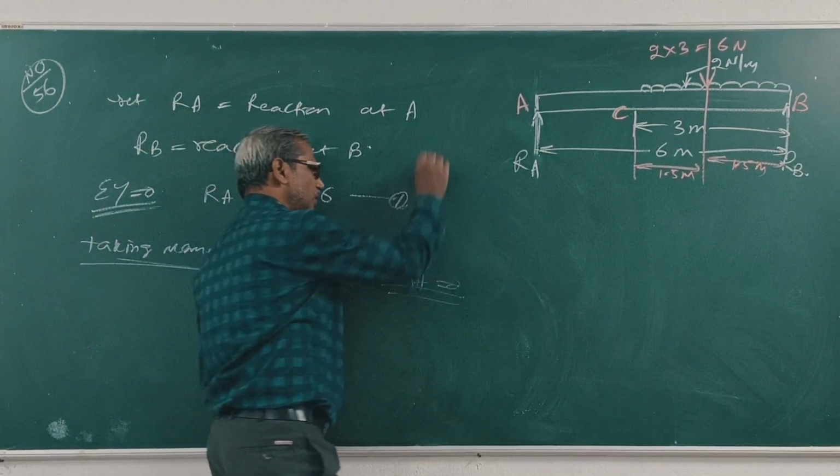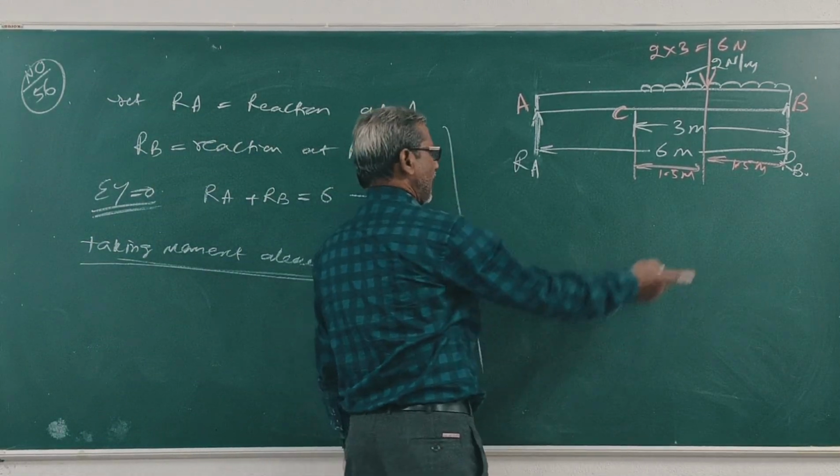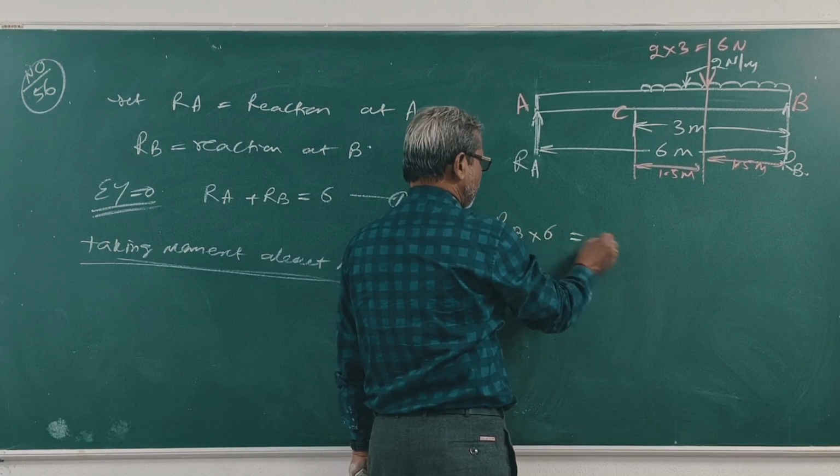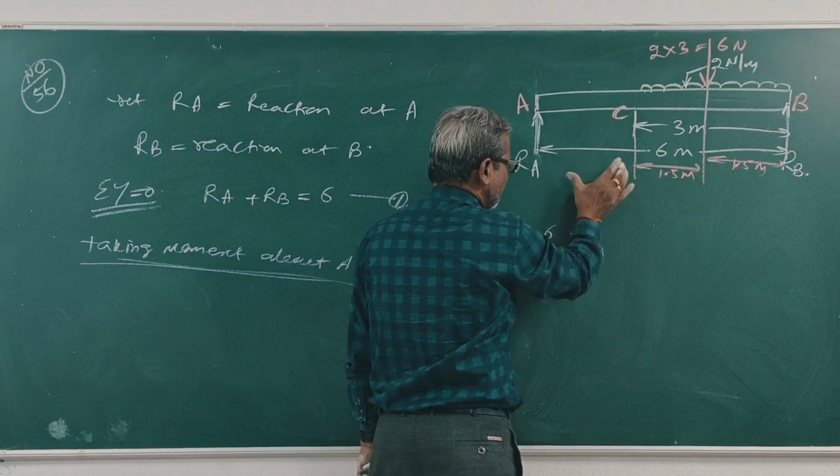RB into 6 is equal to 6 into this length.